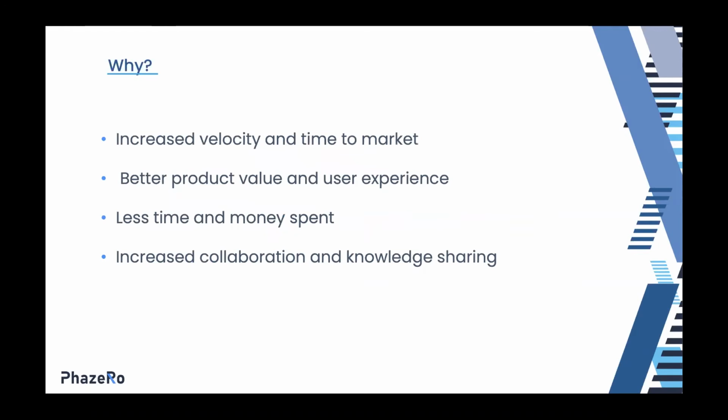So why do we have to build our own design system? Well, because it will increase the velocity and time to market. So whenever there is a new project coming, we all know what to use and everything is there. So all we have to do is take these components and use them in every single project.